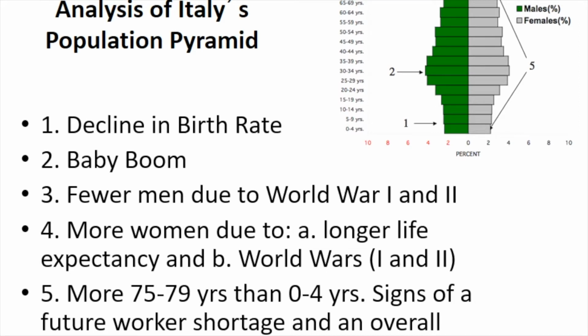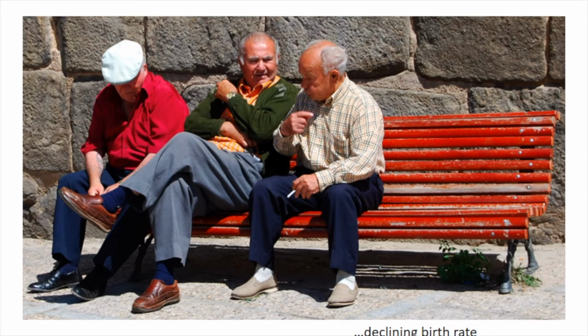And fifth, more elderly people compared to young people. And this can be interpreted as a future worker shortage and an overall decline in population. Aging population, declining birth rate.